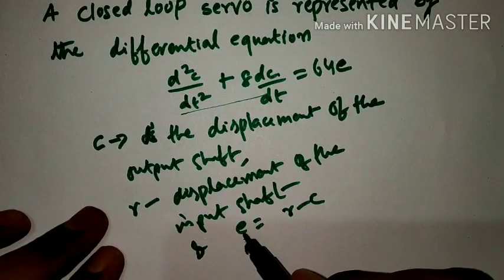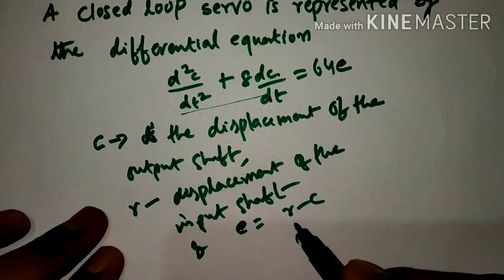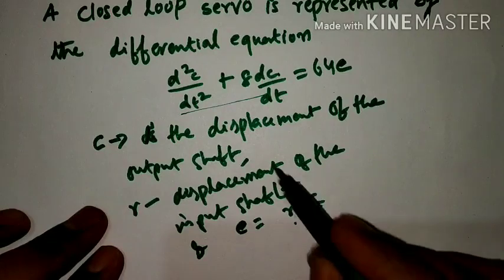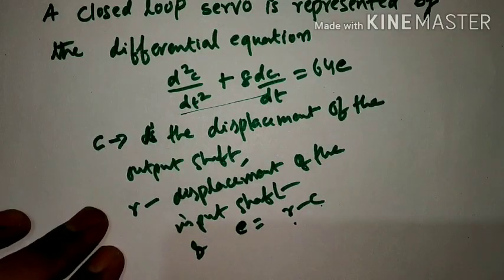Error is equal to set point minus measured value.